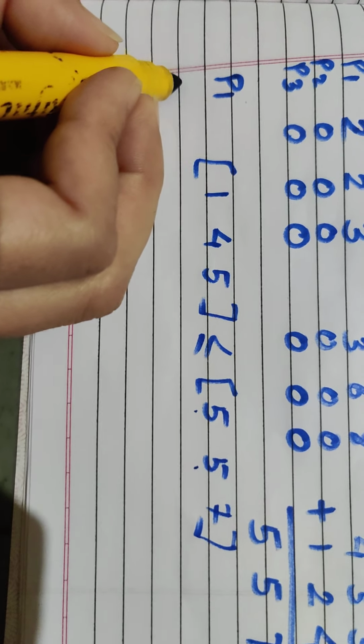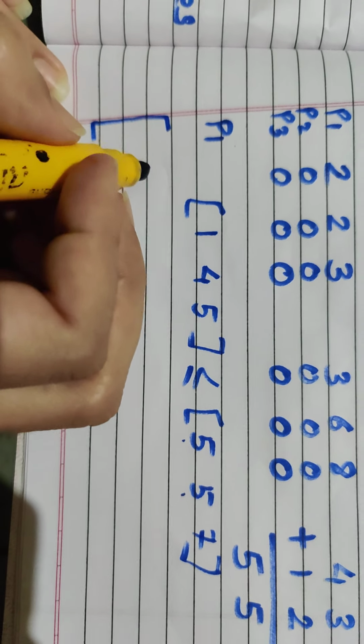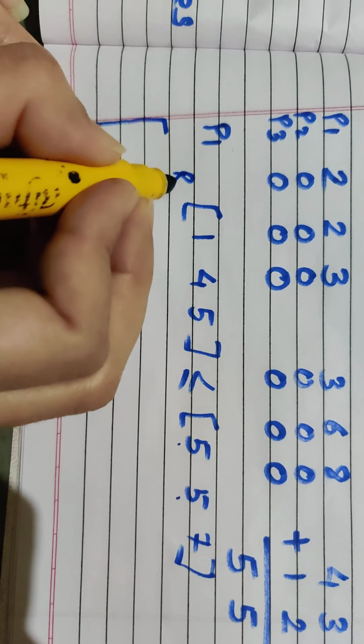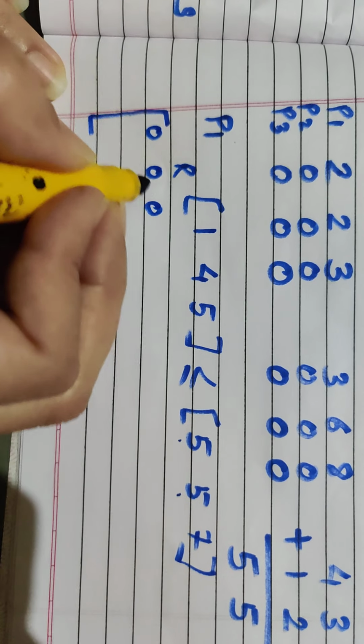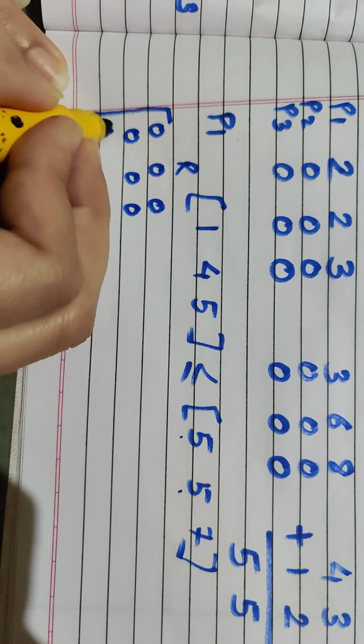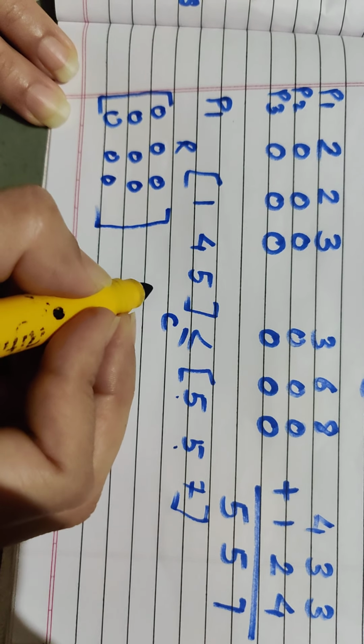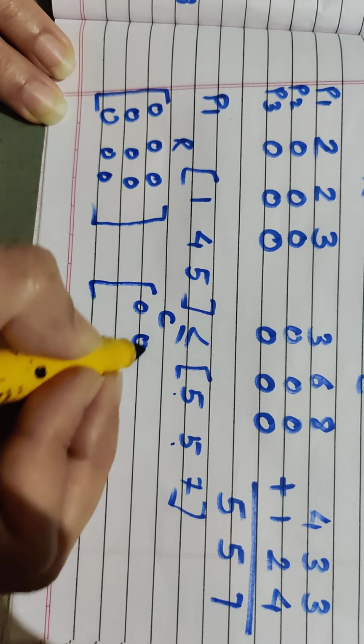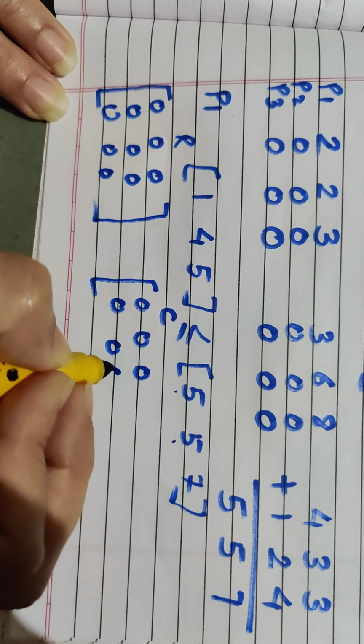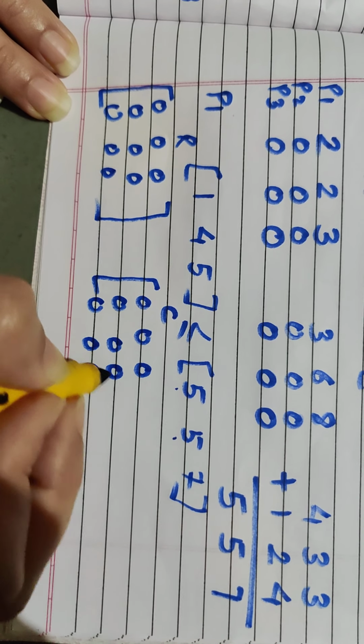So once P1 completes its task, the allocation matrix R will become 0, 0, 0 for every row. Similarly, the max claim matrix C will also become all zeros.